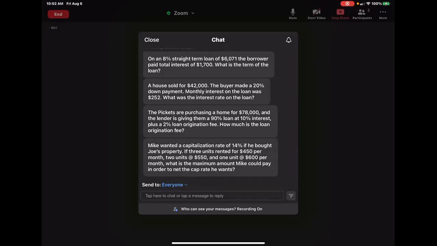Then you had 2 units at $550 per month, right? And 1 unit at $600 per month. What is the maximum amount Mike could pay in order to net the cap rate he wants? So we're looking for the value.